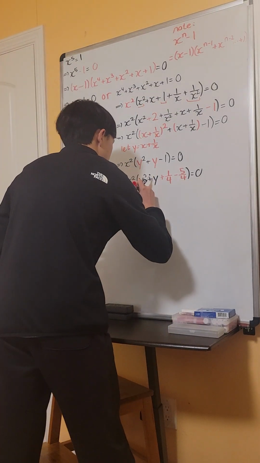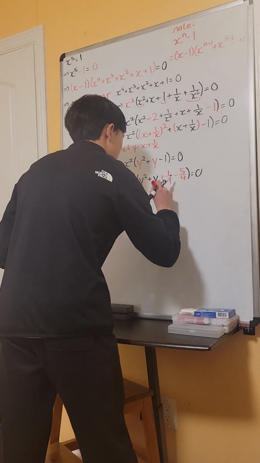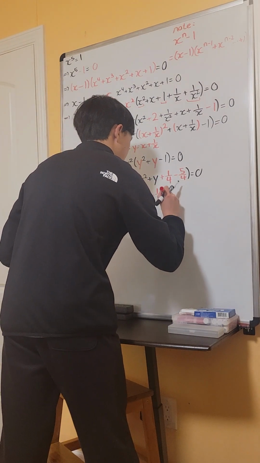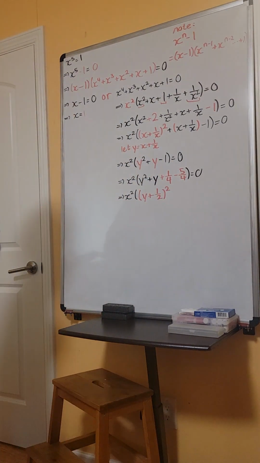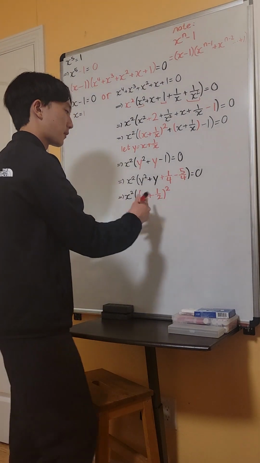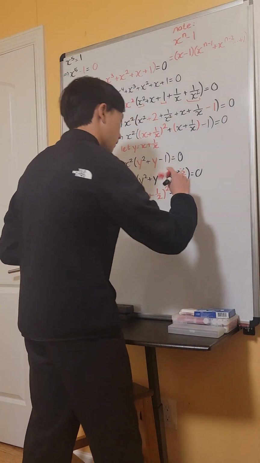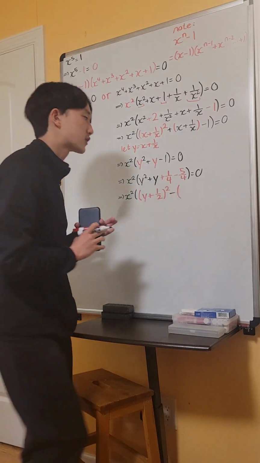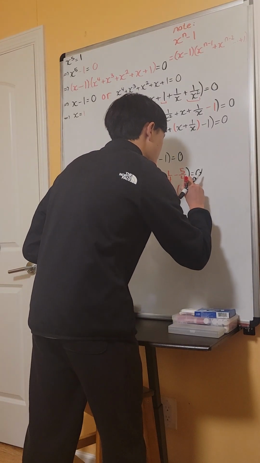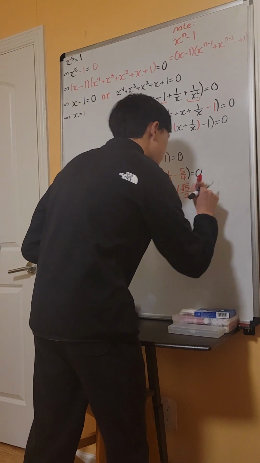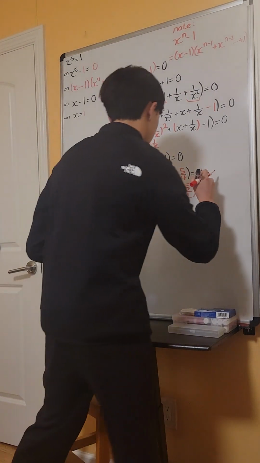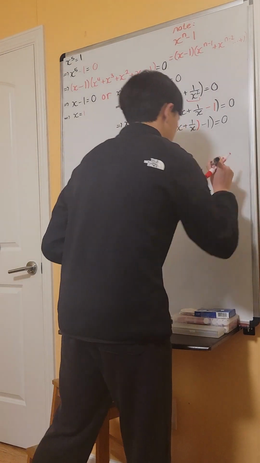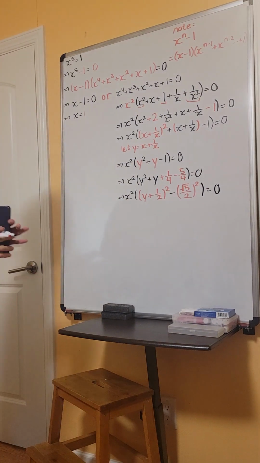You can rewrite this as (y + 1/2) to the second power. And then, of course, you want to rewrite it as difference of squares, right? So you have something squared here, and then you also want something squared here. So instead of writing it as 5/4, let's write it as √5/2, but then square the entire thing, because they're still equal, but now it looks nicer because it's in difference of squares form. Don't forget, it's equal to 0.